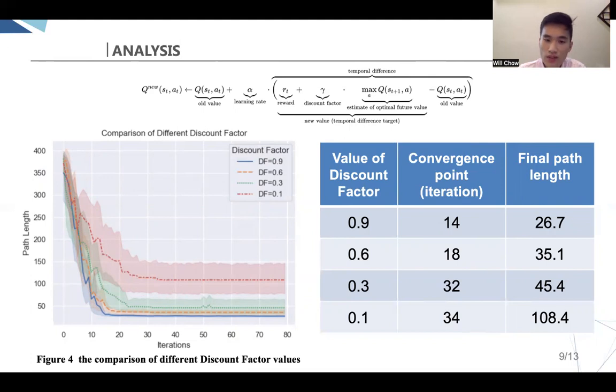As a result, when the discount factor equals 0.9, it can find the shortest path in a relatively short number of iterations, about 14, and the final path length is about 26.7. Therefore, we tend to choose 0.9 as the value of the discount factor.